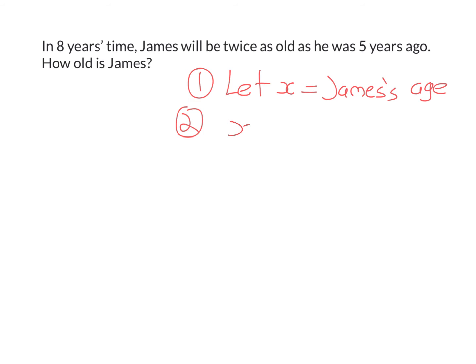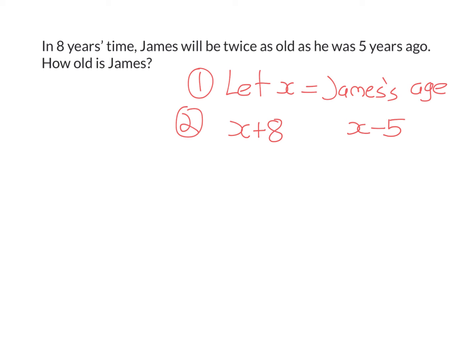Well, in 8 years' time, it'll just be x plus 8. His age in 8 years' time will be whatever his age is now, plus 8 years. So that's his age in 8 years' time. How do I write his age 5 years ago? Well, his age 5 years ago is whatever his age is now minus 5. You know, if he was 22 now, he was 17 5 years ago.